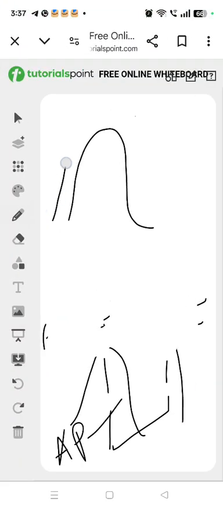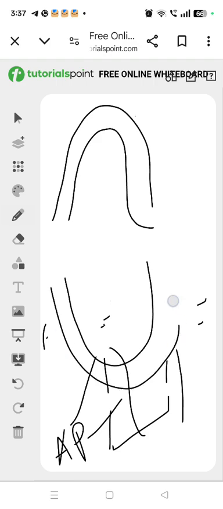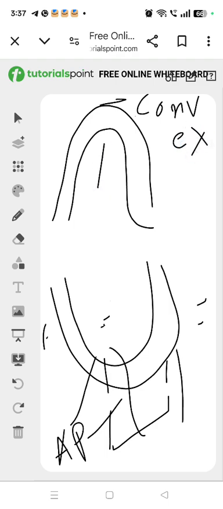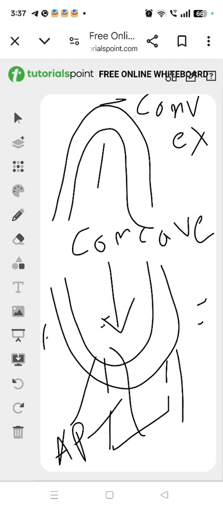Here antiform, synform. In antiform, this is the convex side which is upwards and this concave side which is downwards. And in synform, the concave side is upwards and convex side is downwards.